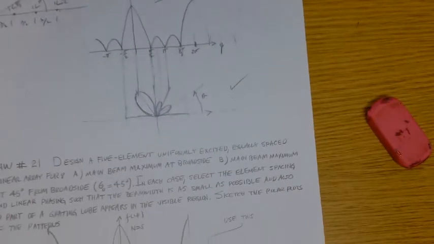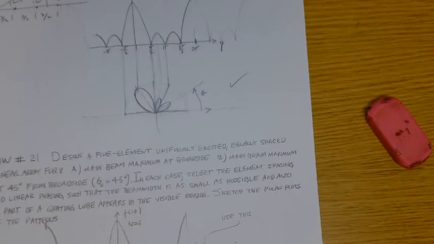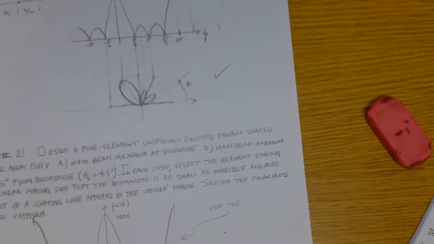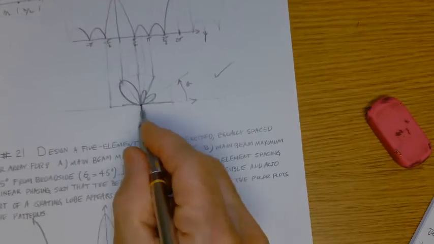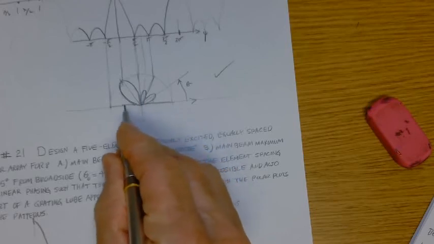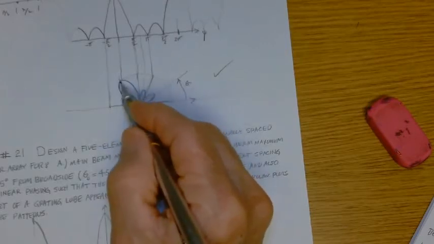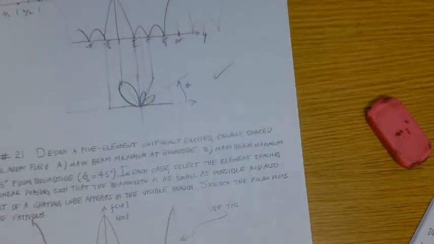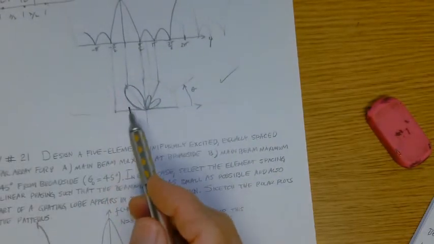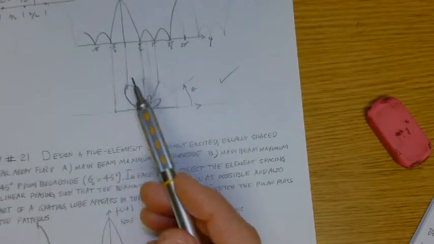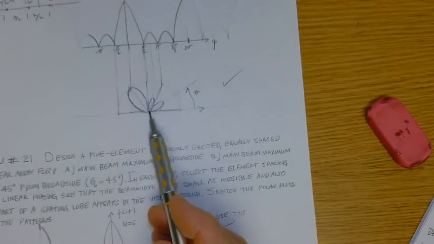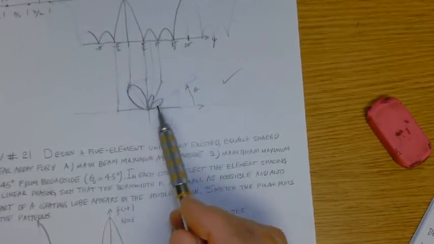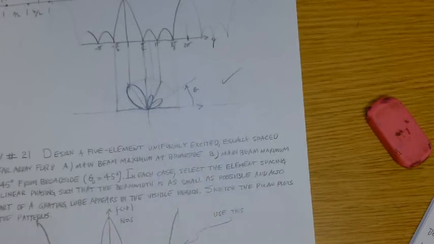Additionally, we can use phase shifting to point or change the main beam max direction, which in our graphical technique amounts to moving alpha this way or that way, and therefore moving the direction of this main beam in space. Alpha 0, main beam max at 90 degrees. In this case, alpha pi over 2, the main beam max looks like it occurs at roughly 135.